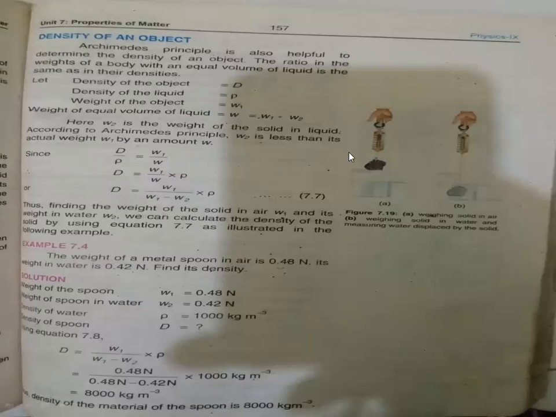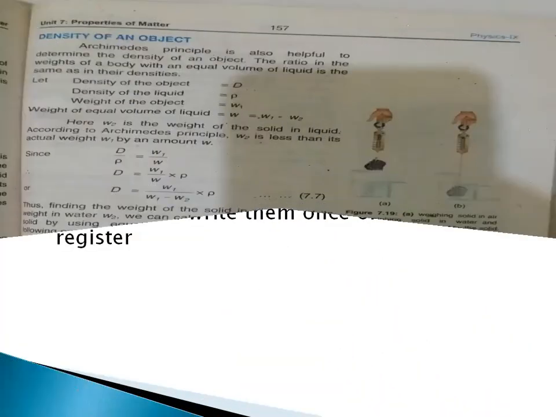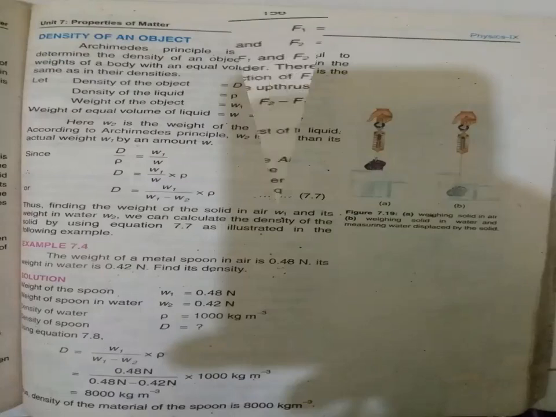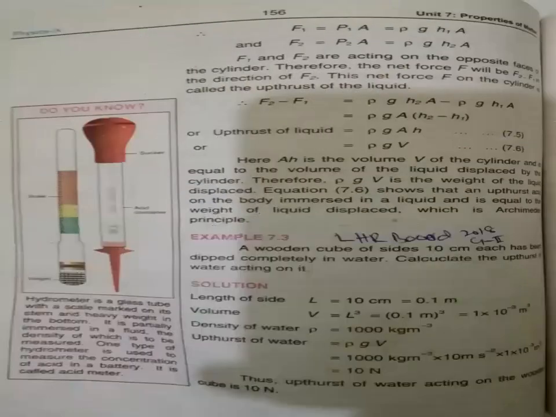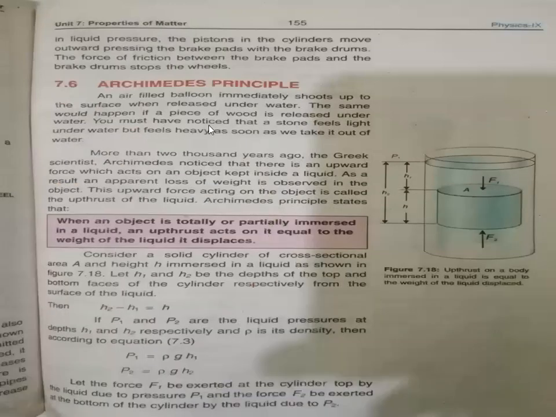As I have already told you, whenever the object is placed under the water, it feels light. You must have noticed that the stone feels light under the water, but feels heavy as soon as we take it out of the water.